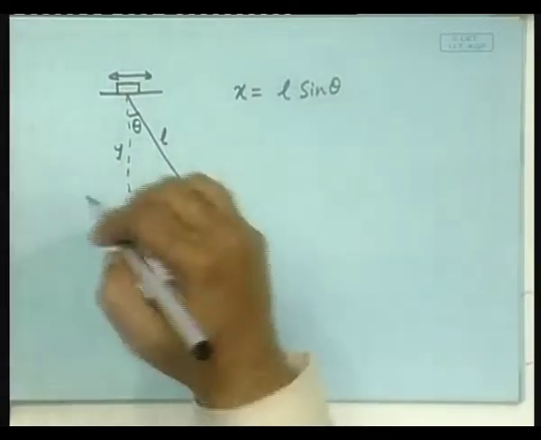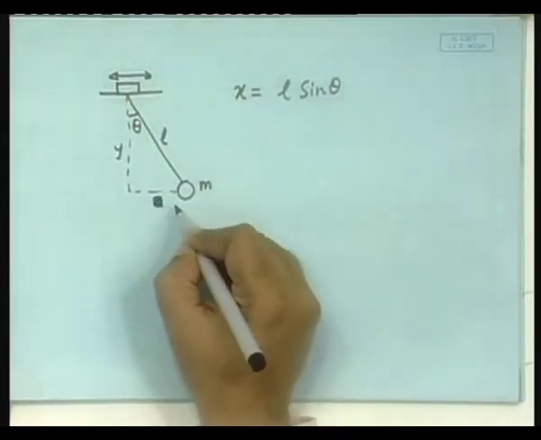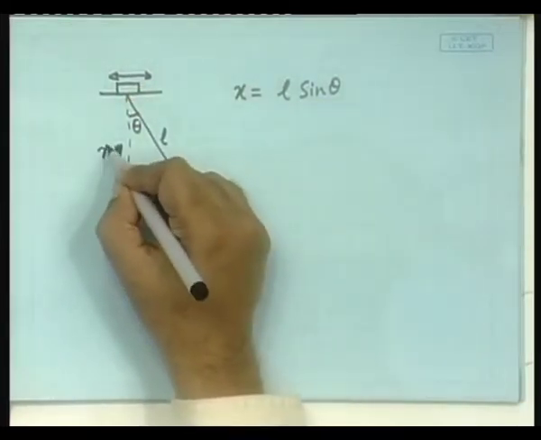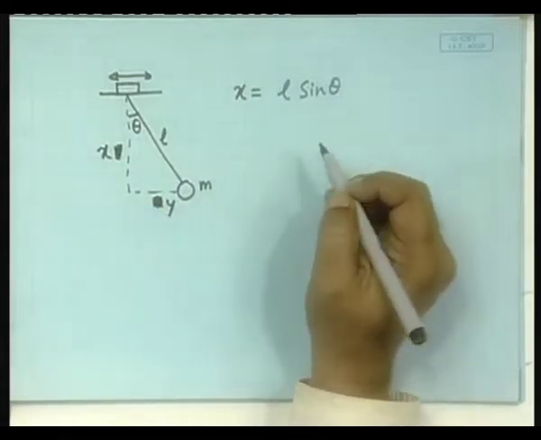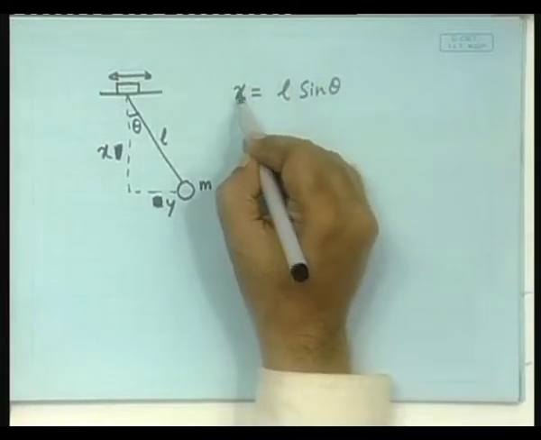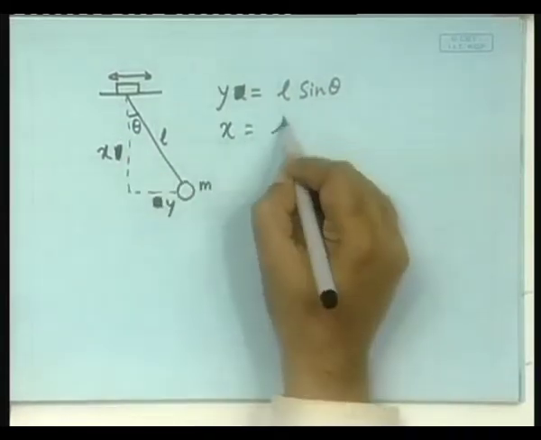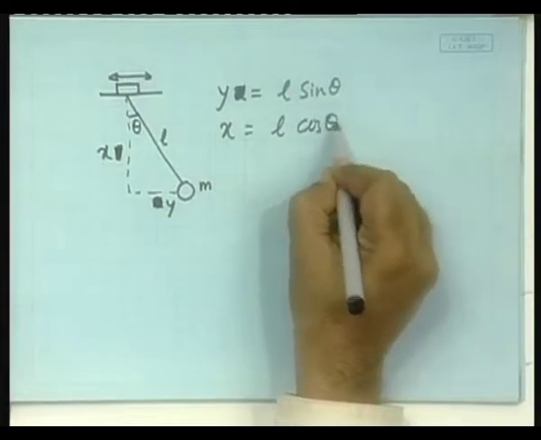No, let us redefine, because things are happening in this direction. Let us call it y and let us call this x. Then y is equal to L sin theta and x is equal to L cos theta. Okay.